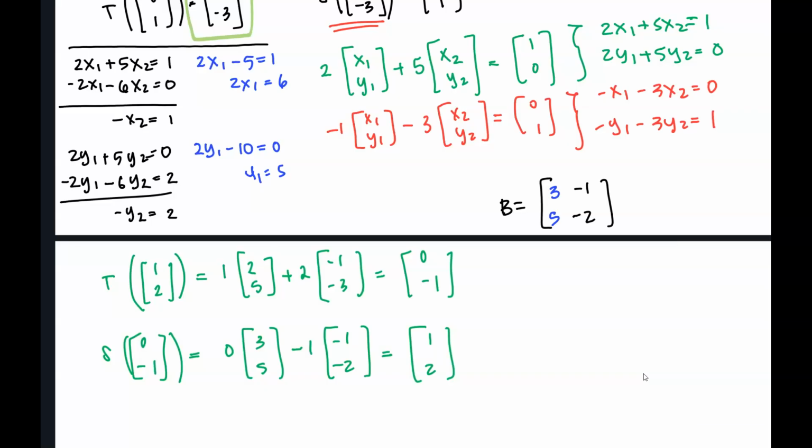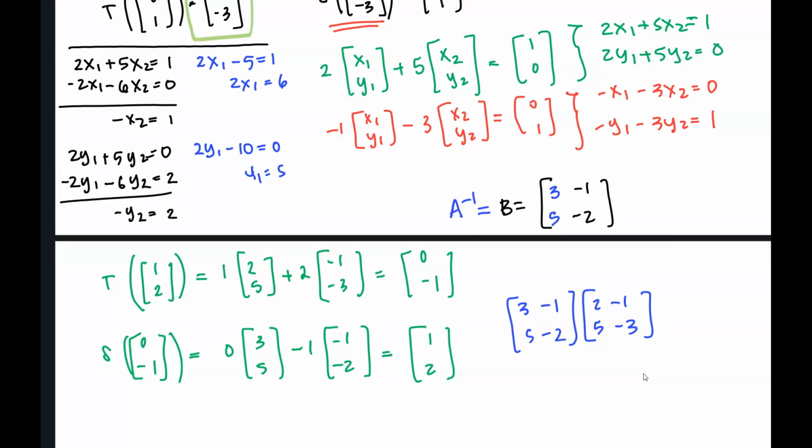Because if we called this B, we're going to end up labeling this thing as A inverse. The purpose of this is that we know we can represent that linear transformation, that composition, as matrix multiplication, right? The very first thing we would have had was our A matrix, 2, negative 1, 5, negative 3. We did the B matrix second, so that should be multiplication on the left side, because the order matters for multiplication.